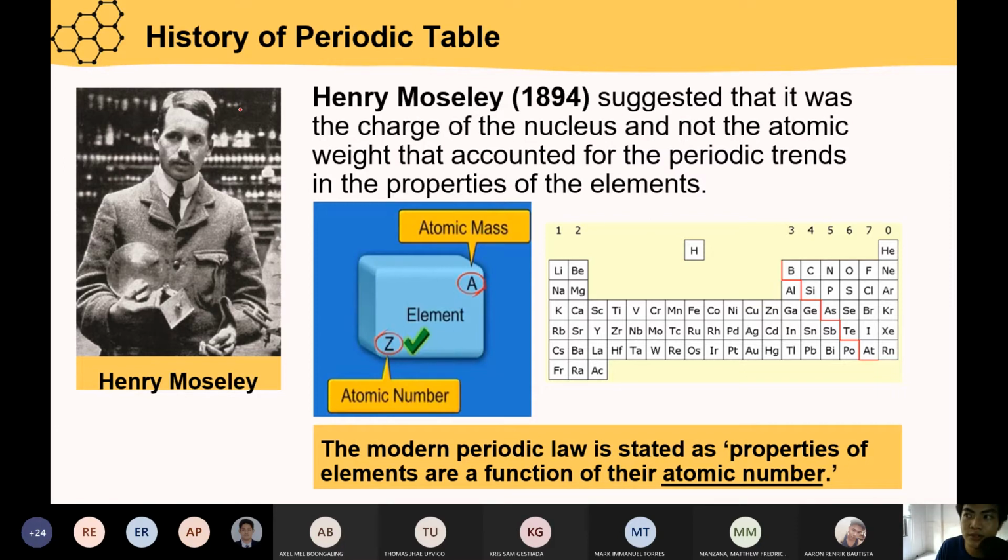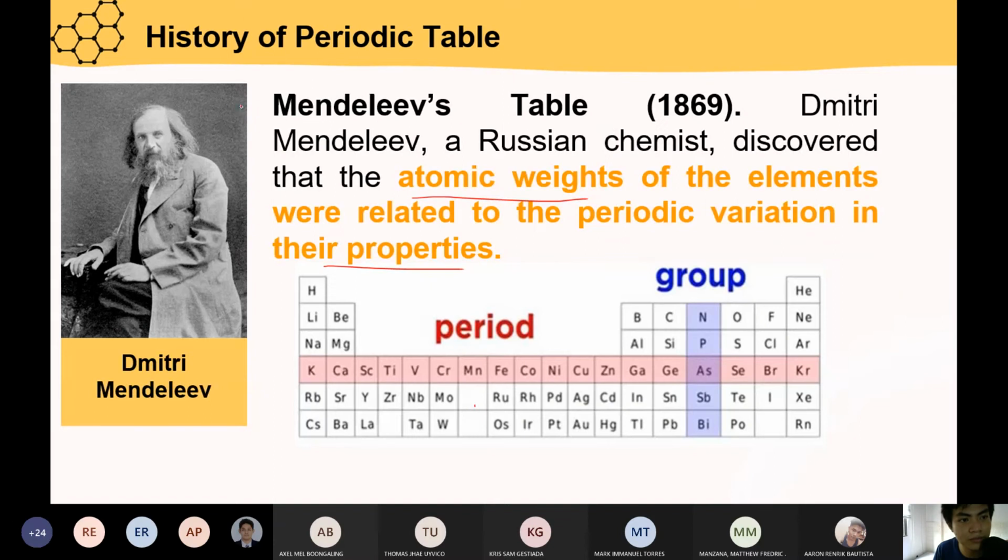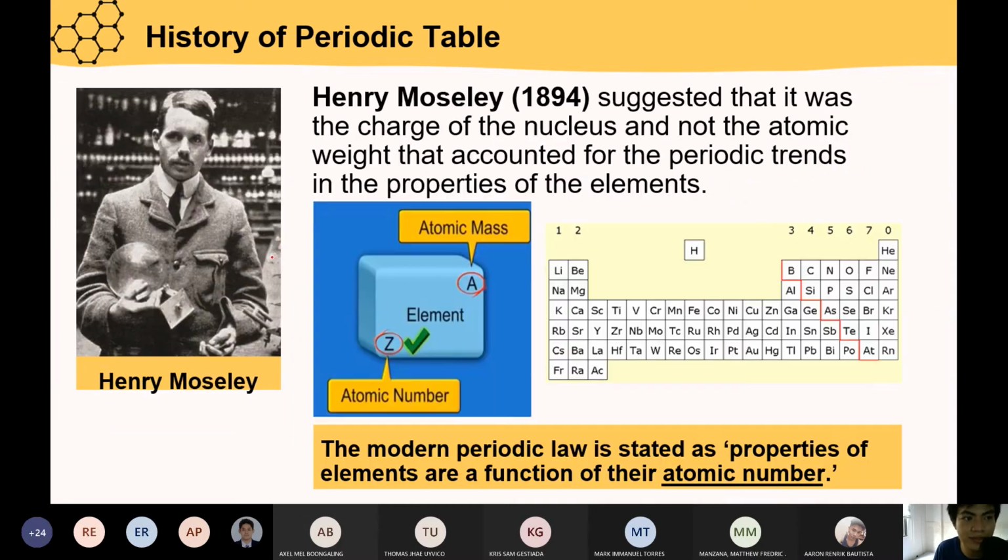So Henry Moseley said it should be atomic number, not atomic weight as Dimitri's basis. He said it should be atomic number. Okay? So the scientists followed him. No? Because at this time, we know what protons are. No? We know the nucleus of the atom. Okay? So that is what Henry Moseley did. No? He said you arrange the elements in terms of atomic number.